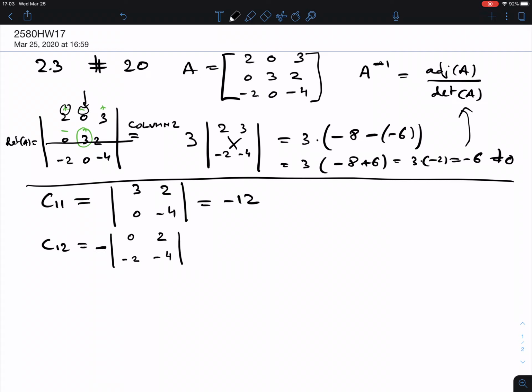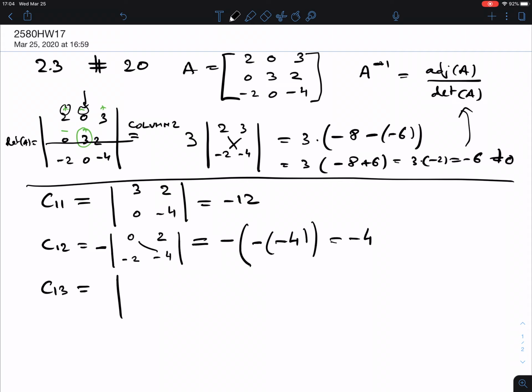Don't forget the sign, because that's going to make the difference between right or wrong. So minus, this product is 0, and subtract from that negative 4, so that actually is negative 4. C13, talking about this, and therefore what's left is 0, 3, minus 2, 3.